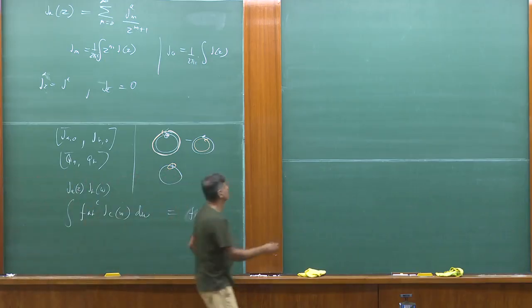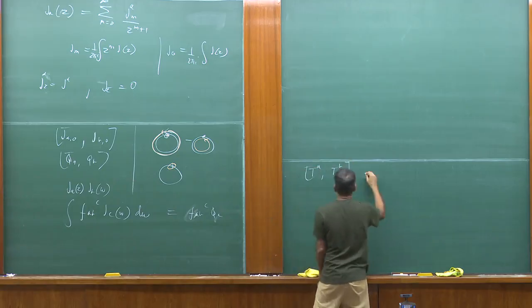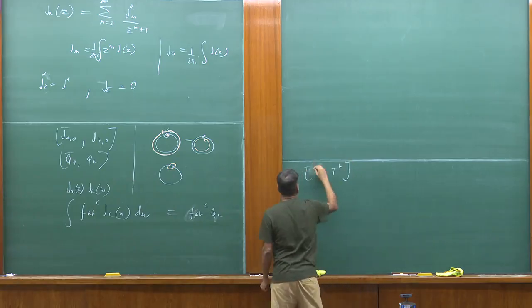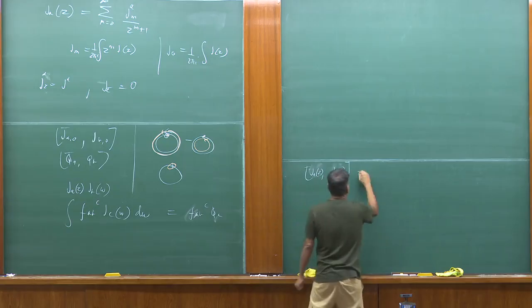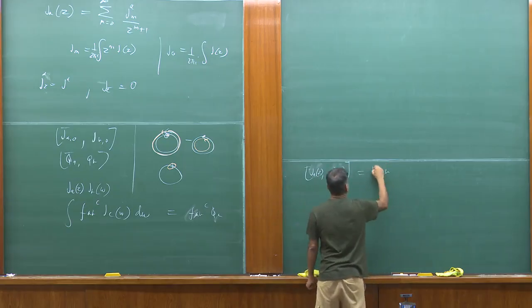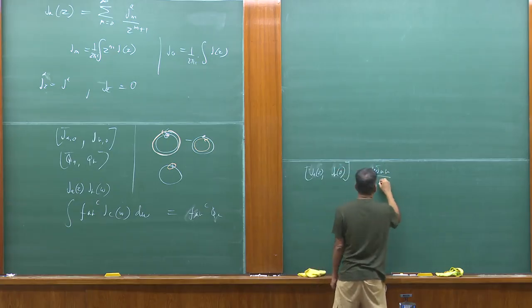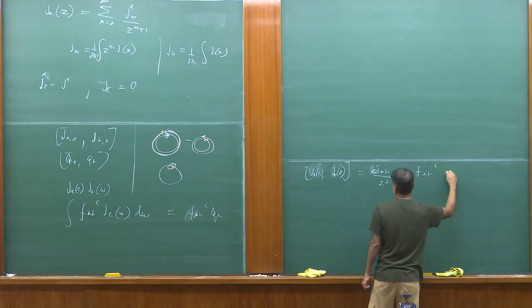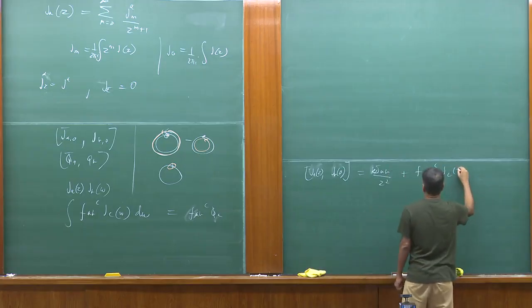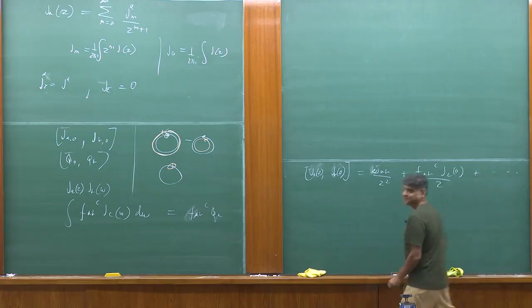So we've got J^a J^b, k delta^{ab} by z squared plus f^{abc} J^c(0) over z plus dot dot dot.